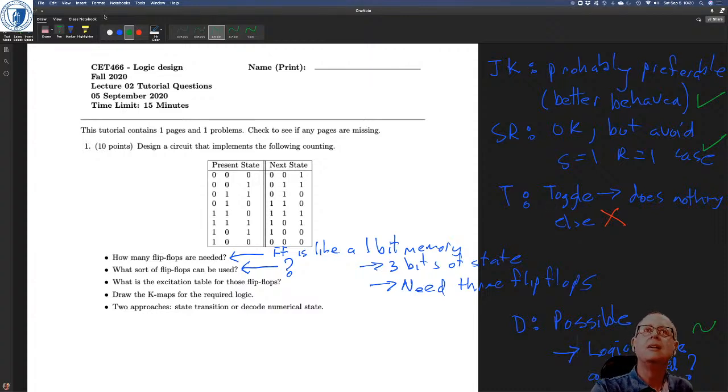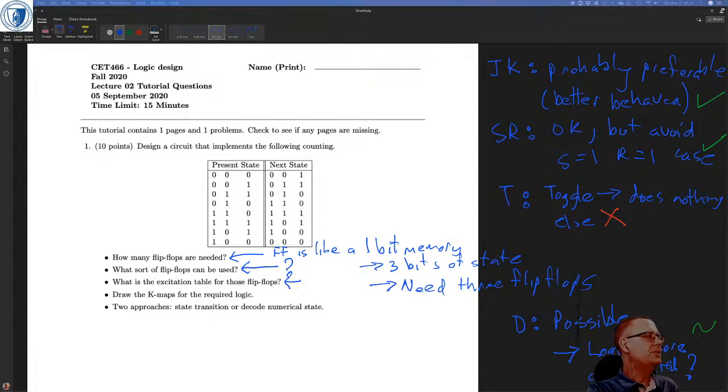Okay, so the next question is, what's the excitation table? So let's have a look at excitation table, and I'm just going to Google it. I'm going to say we're going to use JK flip-flops.